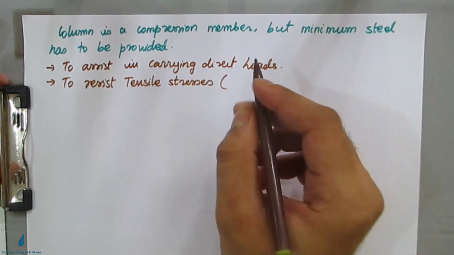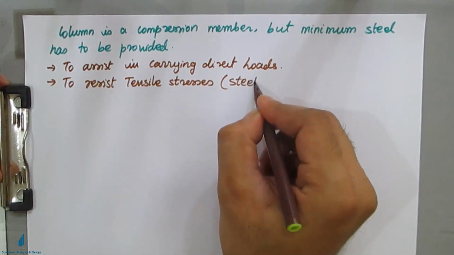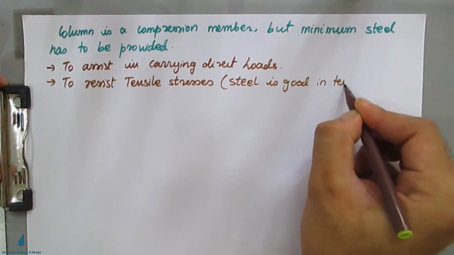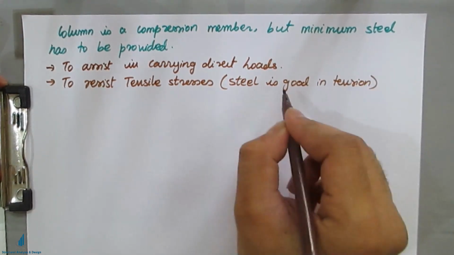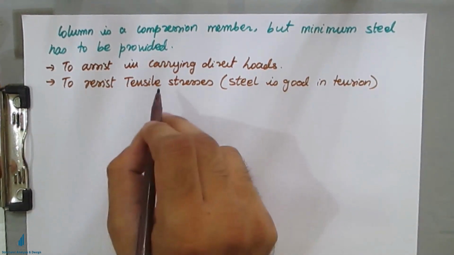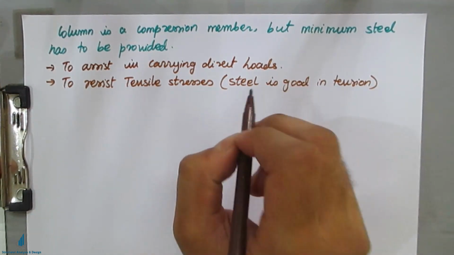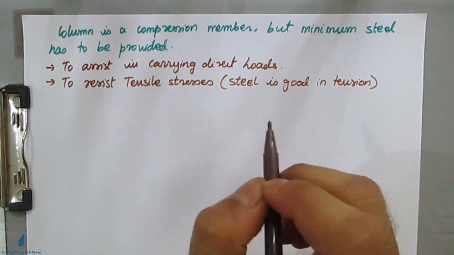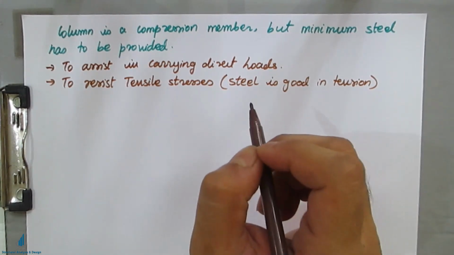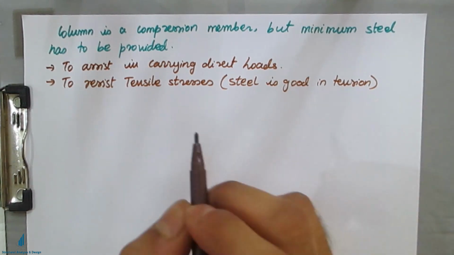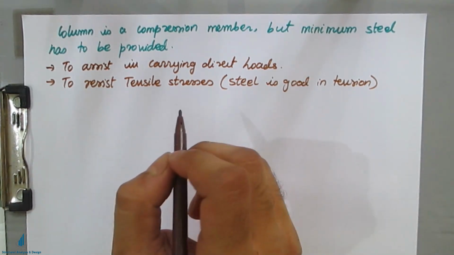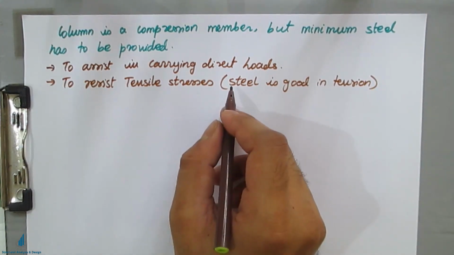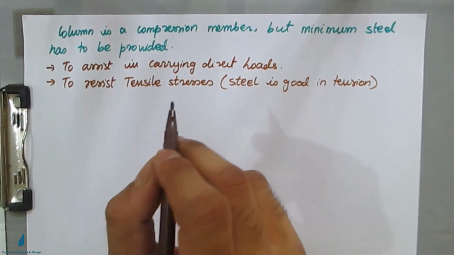Steel is good in tension. Again with the basics of your material testing lab, steel is good in tension, and to resist tensile stresses you use this minimum steel. It doesn't mean that all the vertical loads coming onto the column will have only compressive stress. No, it will also have a tensile stress, and to cater to that tensile stress you have to provide steel in your column.